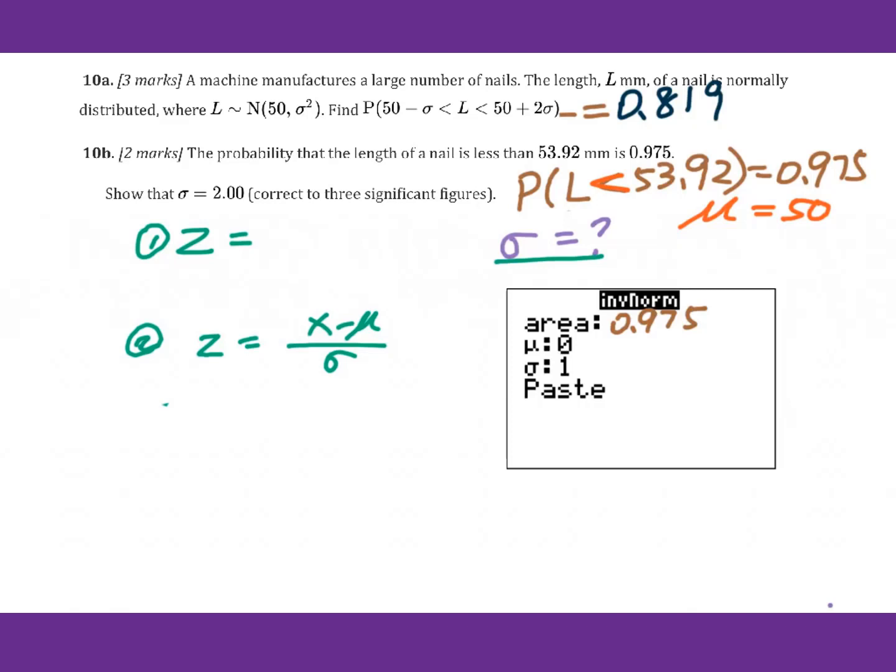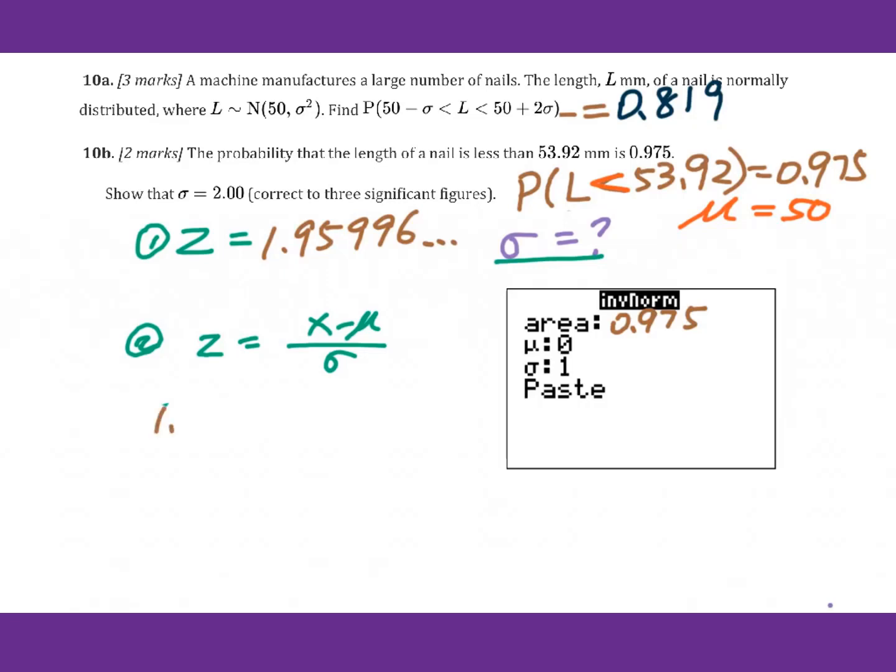Then we put the mu and sigma 0, 1 separately. You will get the z-score equals 1.95996 and so on. Since this z-score is a middle value, don't use 3 significant figures, make it accurate.